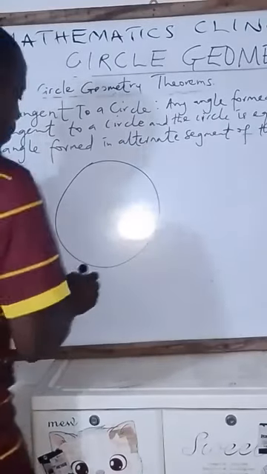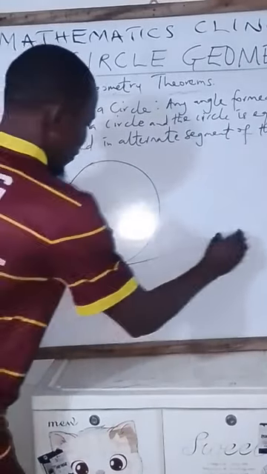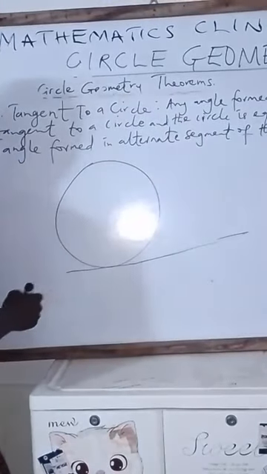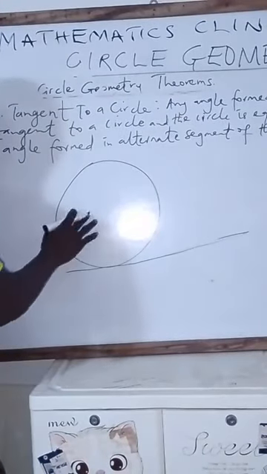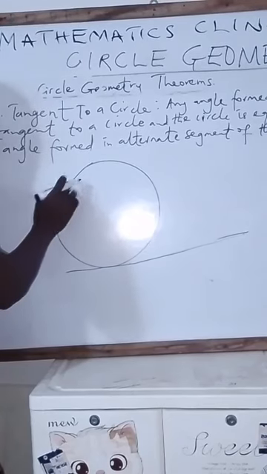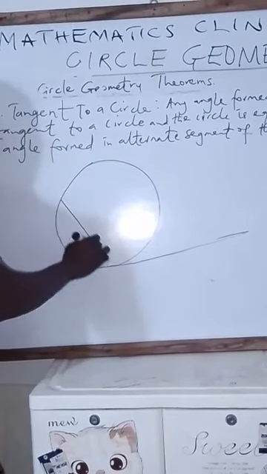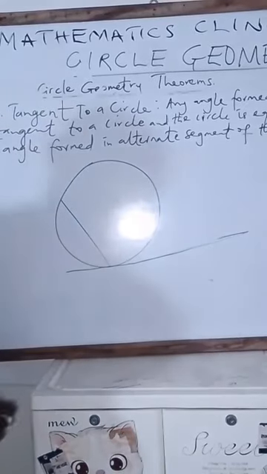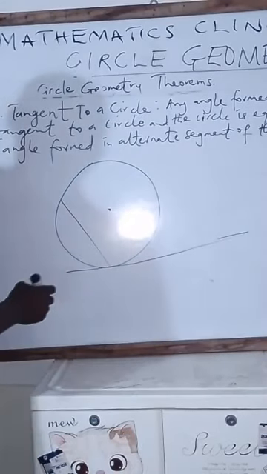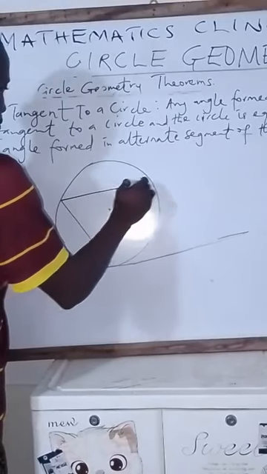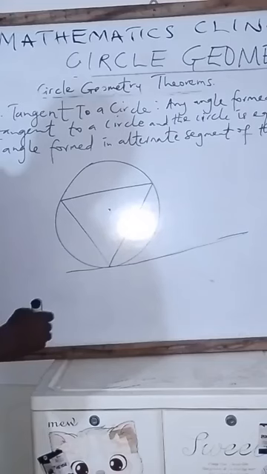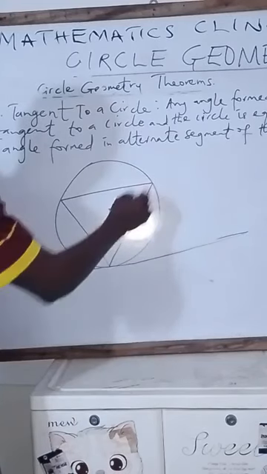If I have a circle, then I have a tangent. That's a tangent to that circle. Then I have a line. That's a chord. Here's the center of the circle. Here's a chord.